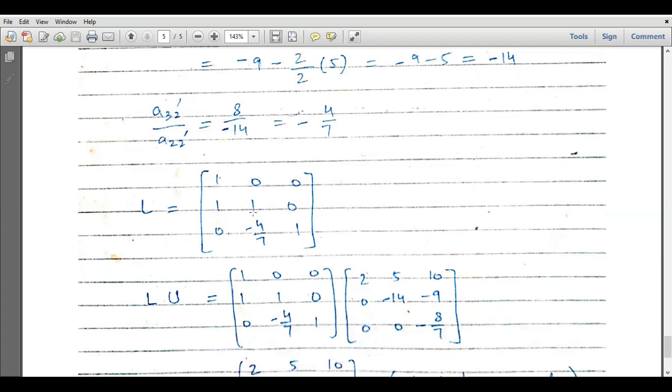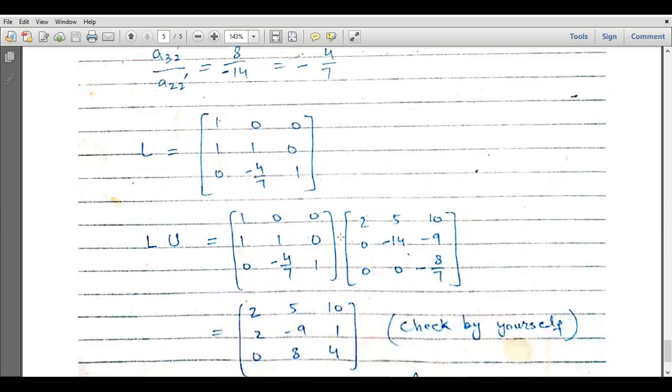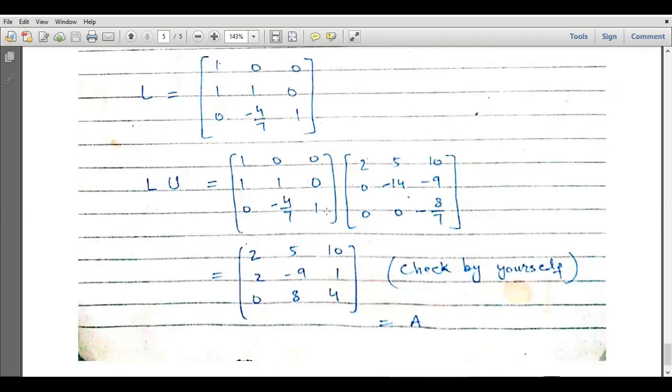Now we can double check if our solution is correct or not. Multiply these two matrices, the L matrix and the U matrix that we have evaluated. This is our L matrix and we can multiply it with the U matrix. This is our U matrix and we can evaluate the result of this multiplication and it is equal to this matrix. And this matrix is equal to the A matrix.